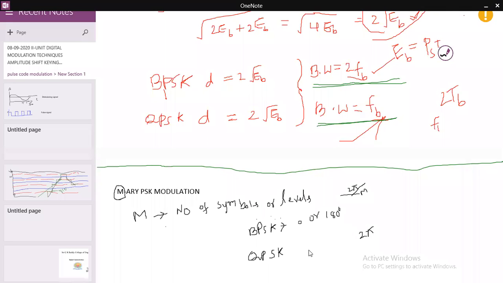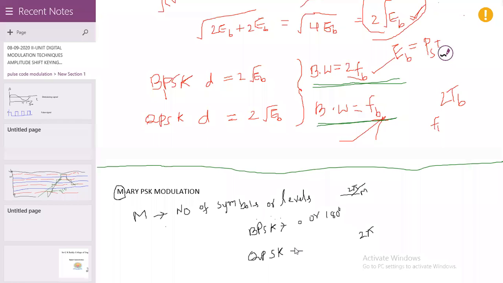Like this, we divide the circle into 4 angles.